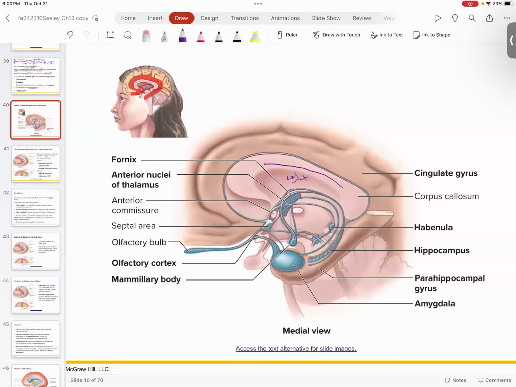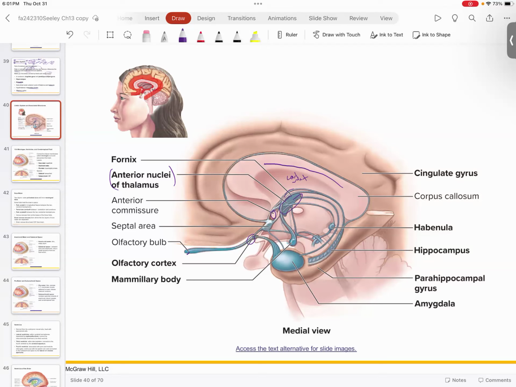The first thing you're going to see is the anterior nucleus of the thalamus, this large upper piece right here. Then there's your anterior commissure, which is kind of like a little isthmus that connects the two halves. The olfactory cortex is in this region, and of course your olfactory bulb, which is taking in olfactory information, your sense of smell.